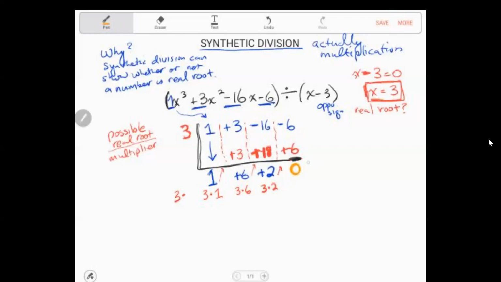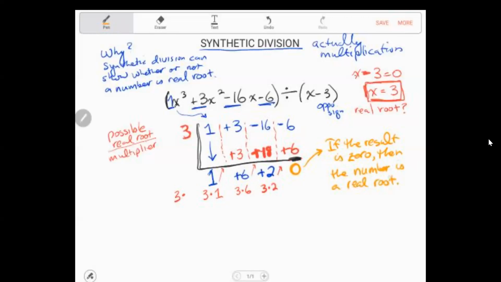All right, and so if the result is 0, then the number is a real root.